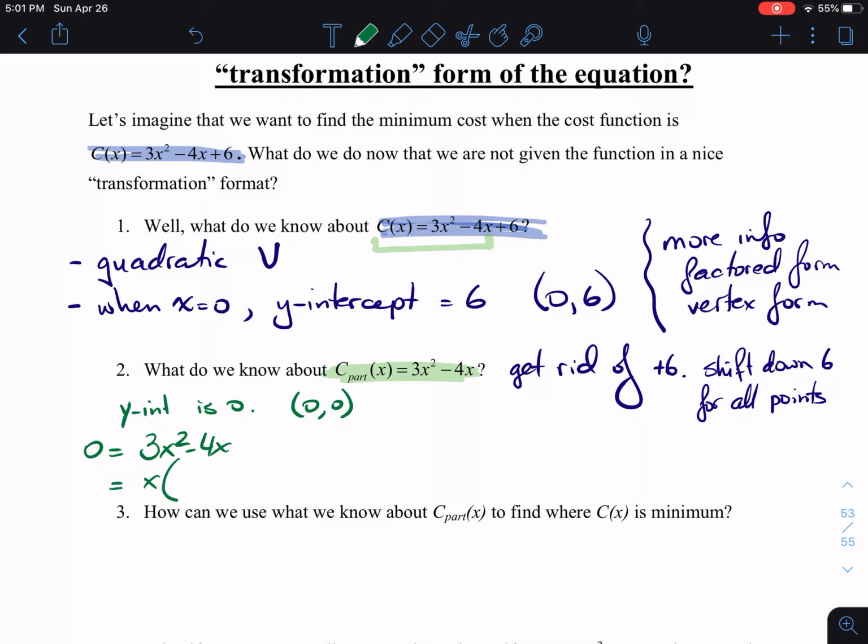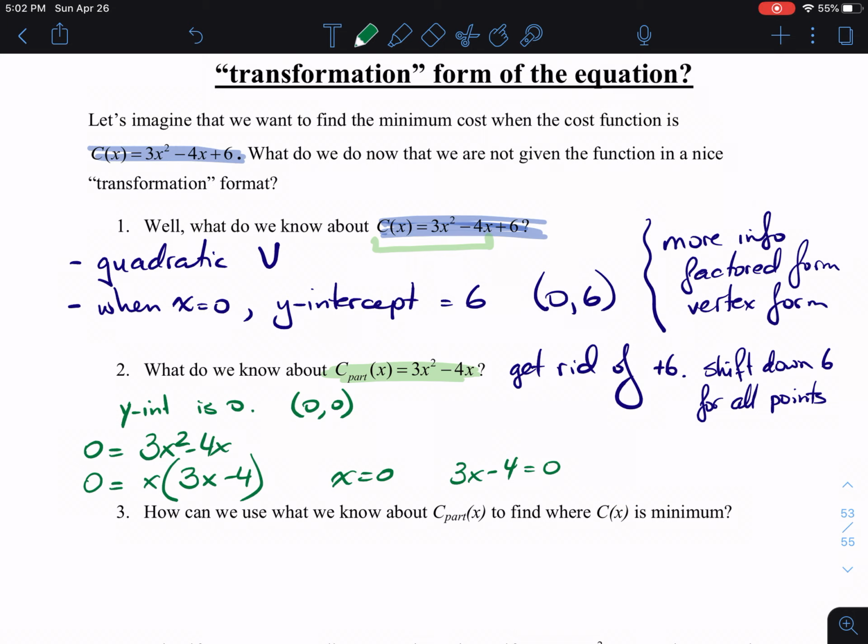So we can use Algeblocks to see that, hey, that could be a way to factor it, right? If x is our vertical factor, then our horizontal factor will be 3x plus 4. And if that's the case, and x equals 0, this whole thing will be 0. But also, if 3x minus 4 equals 0.